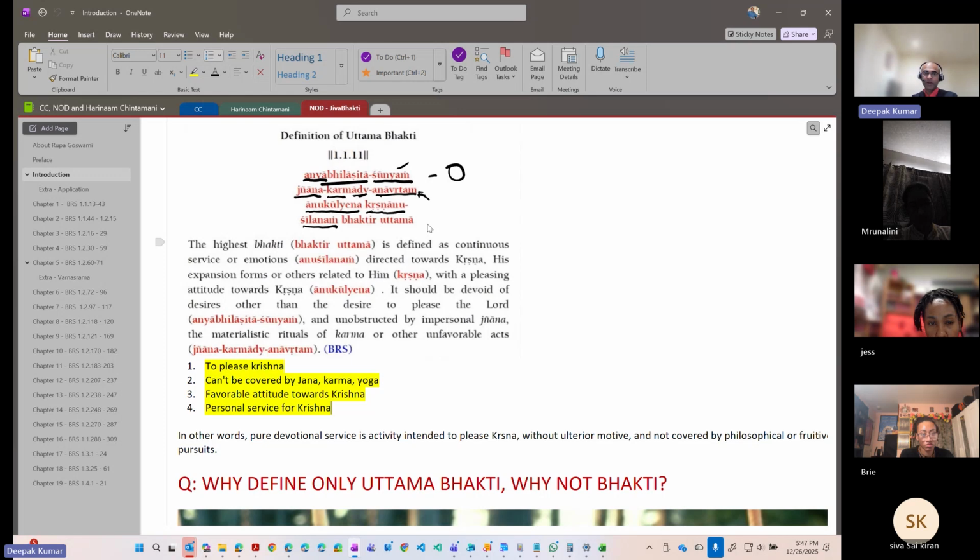Now the first point, anyābhilāṣitā-śūnyaṁ. What about the desire? Do you think that you have no desire other than to please Krishna? What do you think about that?